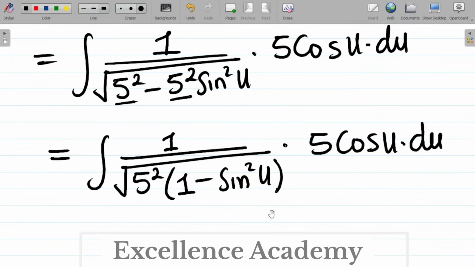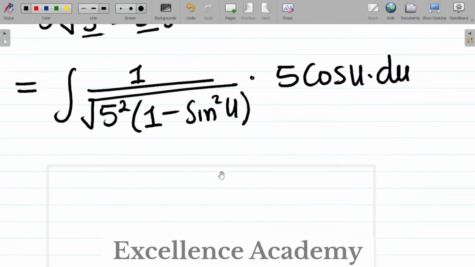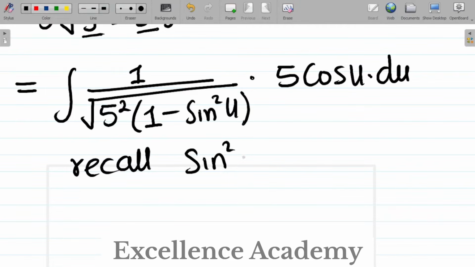Okay, let's proceed with this. Let's recall a trig function. Recall that sine squared u plus cos squared u is equal to 1.